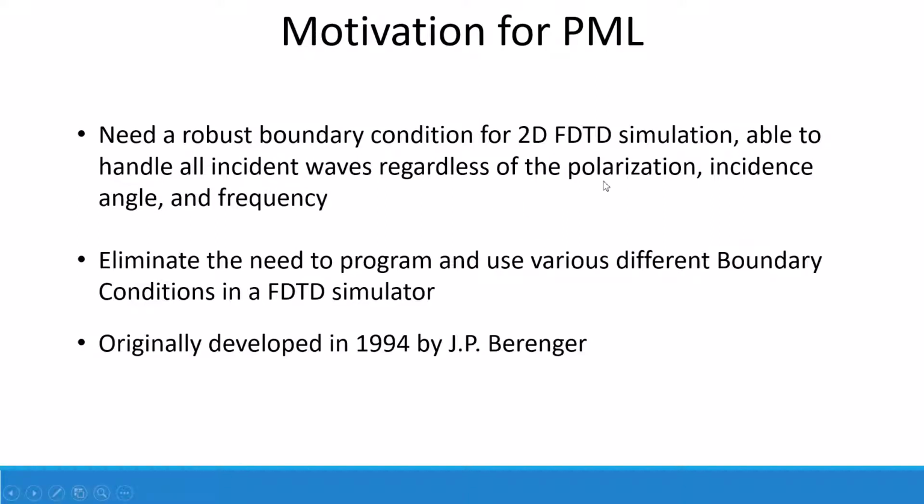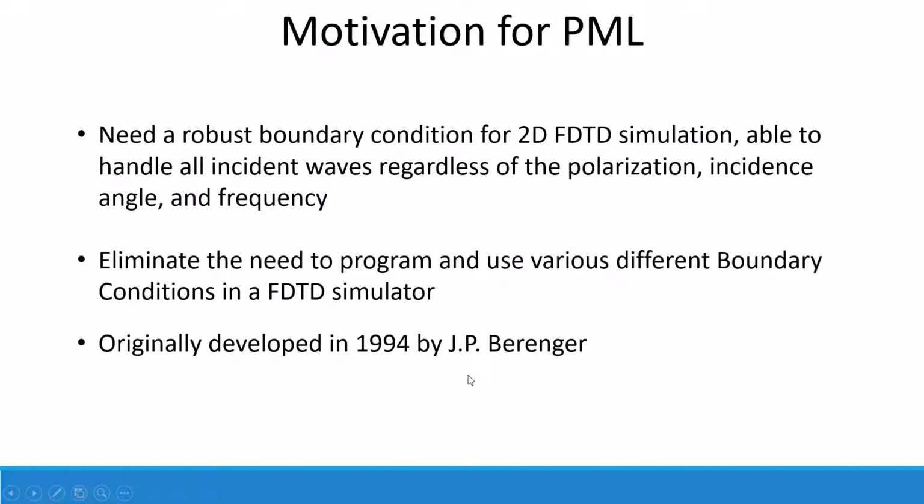We also want to eliminate the need to program and use various different boundary conditions. So maybe using an absorbing boundary condition and or a periodic boundary condition. So having one that's more robust can just allow the use of one. And the concept for PML, the perfectly matched layer, was originally developed in 1994.